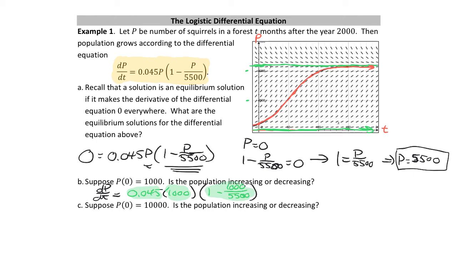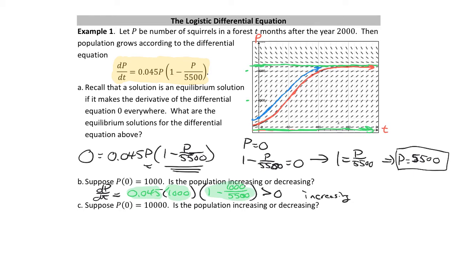So this derivative is positive. And if it's positive, we are increasing. You can see this if we start at 1,000, which is right here. Those dashes are going up. It will look something like that.